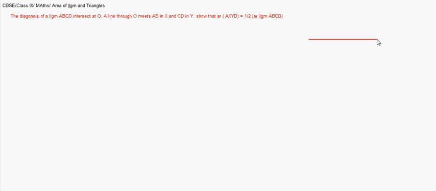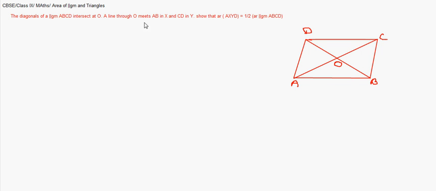We draw a parallelogram A, B, C and D. The diagonals we have to draw intersect at O, so we'll mark this point of intersection of the diagonals to be O. A line through O meets AB at X and CD at Y. So we have to make a line which passes through this point, and the point of intersection here is Y and this is X. So we have to prove that area of AXYD, this part, is half of ABCD.